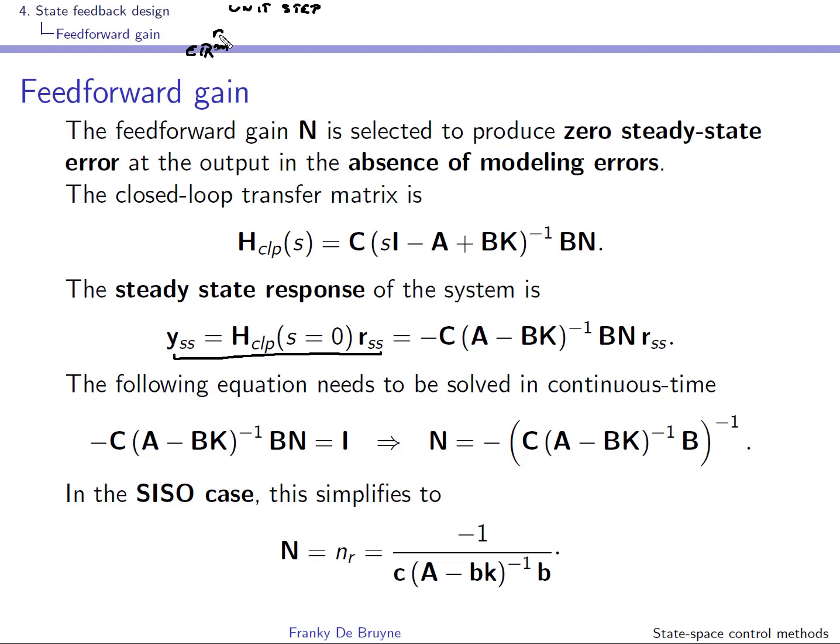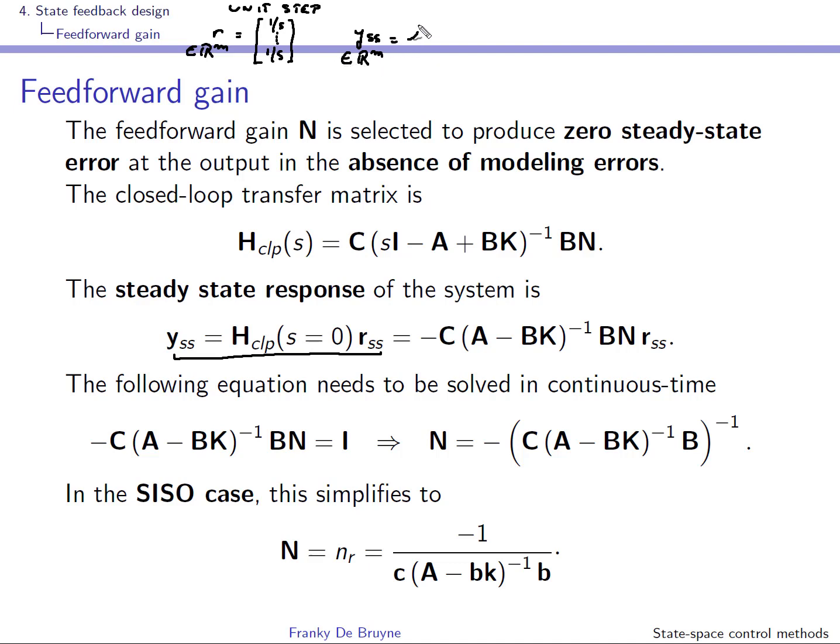So R, the reference signal, is in R^m, and we consider unit steps. So you'll have a vector with a number of unit steps, so you'll find 1 over s a number of times. Now we are interested in the steady state response that we've written like this, and it's also therefore a vector in R^m. These are the m outputs that are controlled using the m actuators.